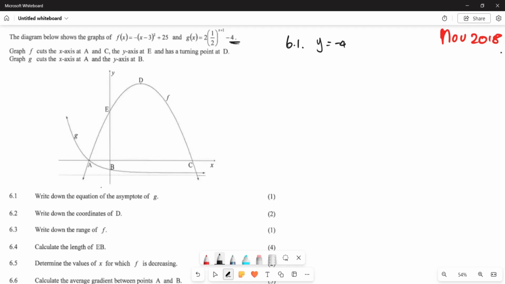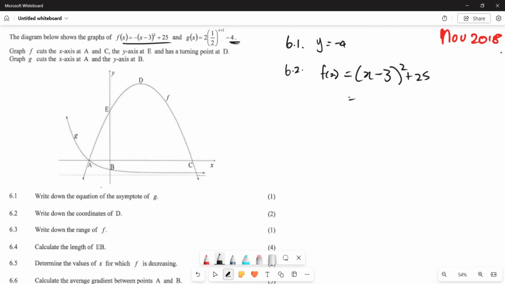That is going to be the equation of your asymptote. Now, the second thing is they want us to calculate the coordinates of D, the turning point of the graph of f. For 6.2, you are given f(x) = -(x - 3)² + 25.